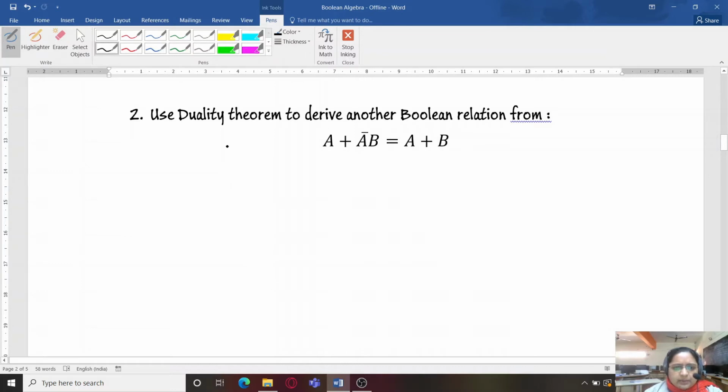Use the duality theorem to derive another Boolean relation from this.